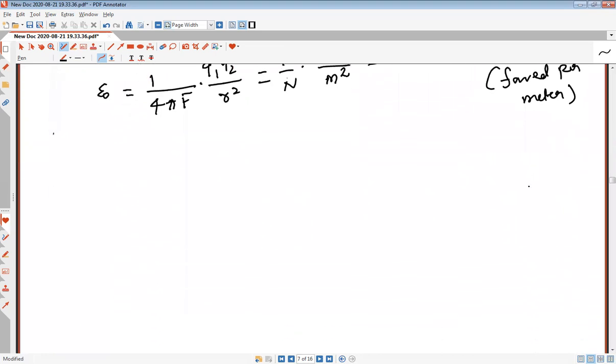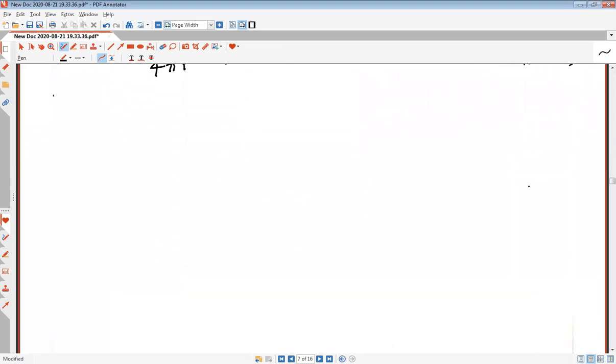Now we will try to understand more about Coulomb's force. Here are some important points that we'll try to understand.